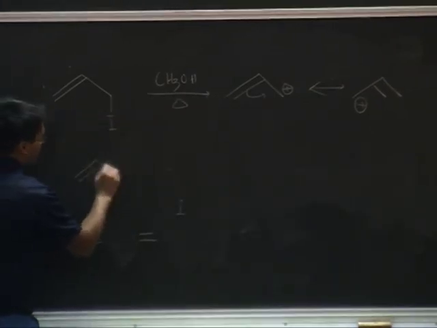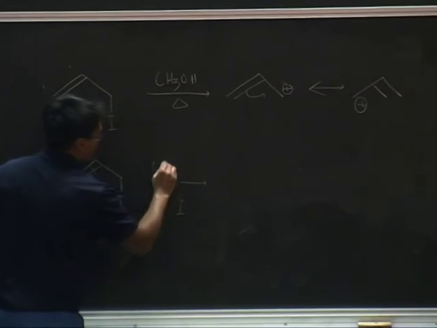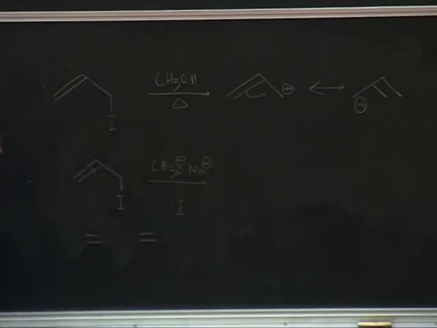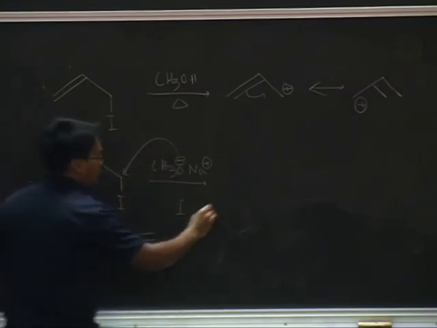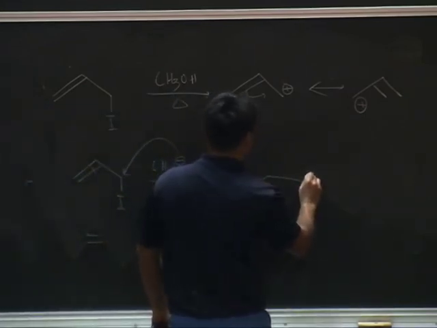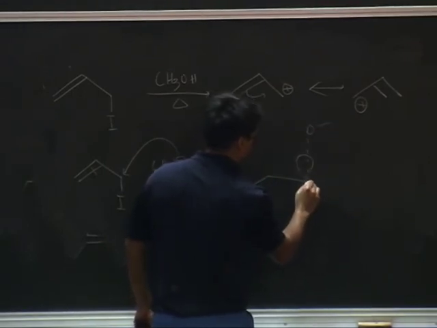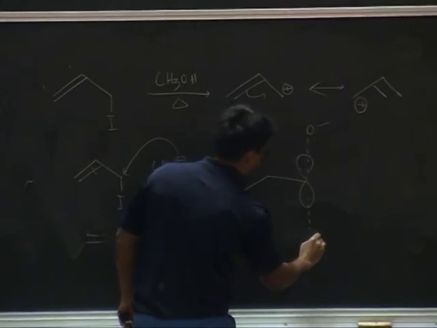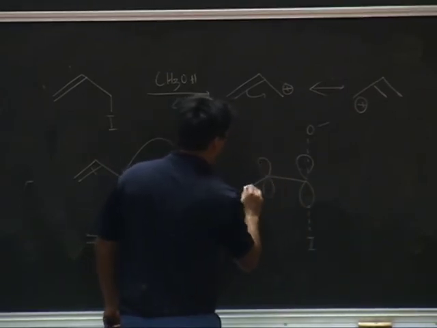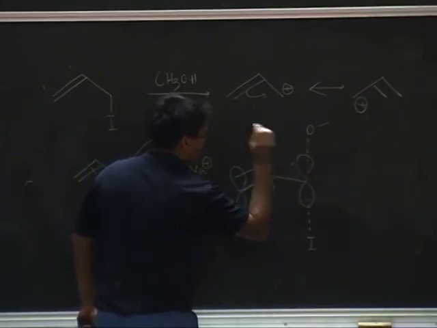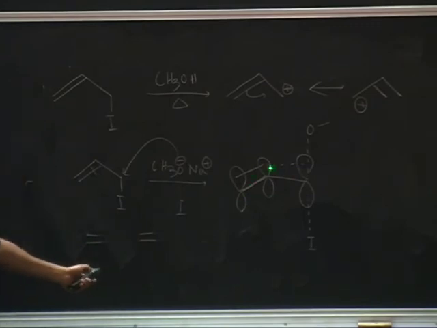Second order will be, I take Na plus. We'll do a backside attack. Let's draw the transition state. This transition state is stabilized by this pi bond, all right?